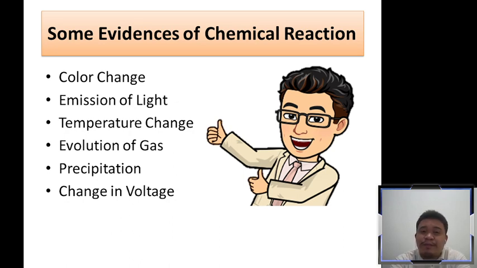When we say precipitation here, that is a formation of a solid insoluble substance when two solutions are mixed. Okay, so we also have change in voltage, which is not that observed by our senses, but we usually use some instruments for that one in order to detect these changes in the voltage of reaction.